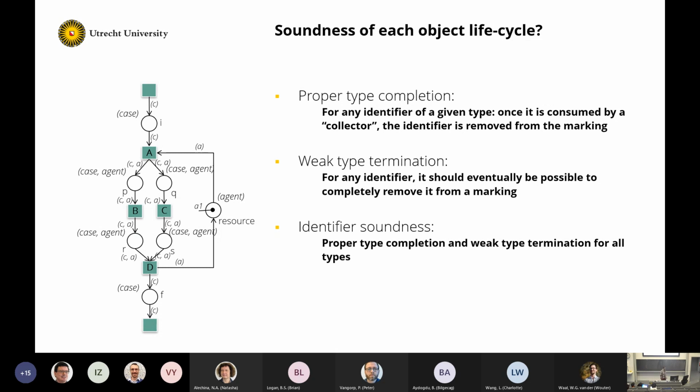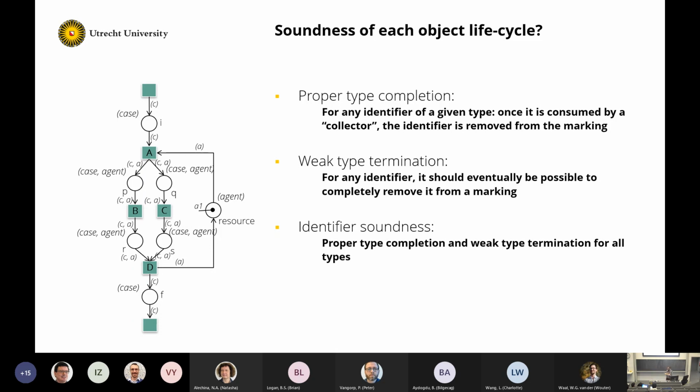There may be identifiers that should not be removed. Yes, but then there should be no collector. So if there's no collector, then this property holds because there is no collector.